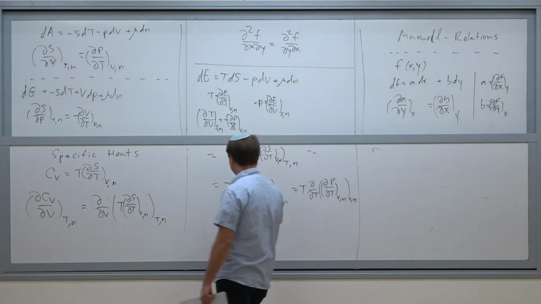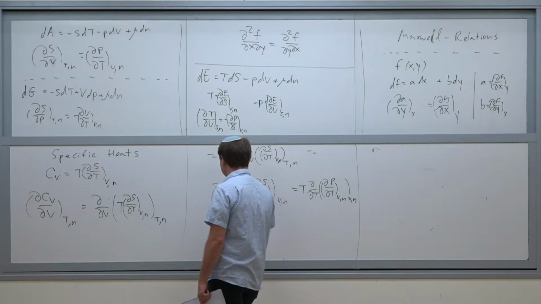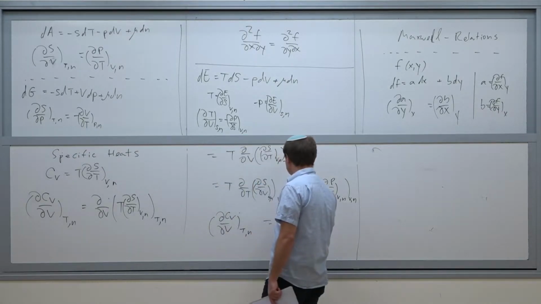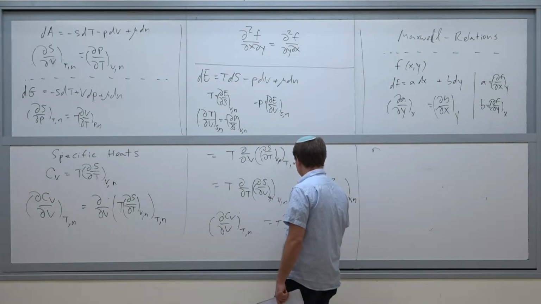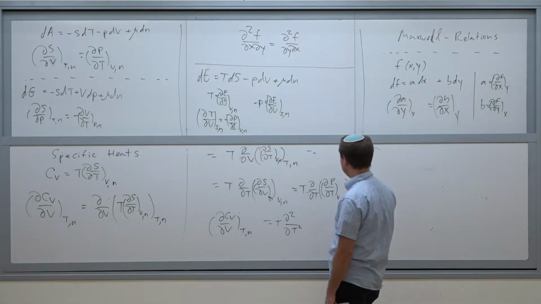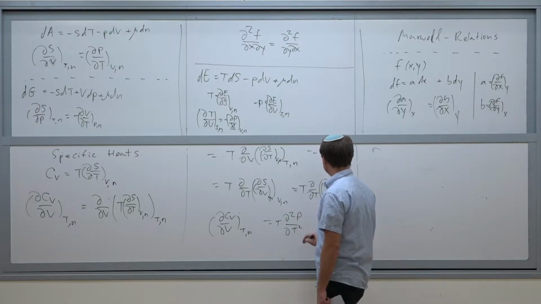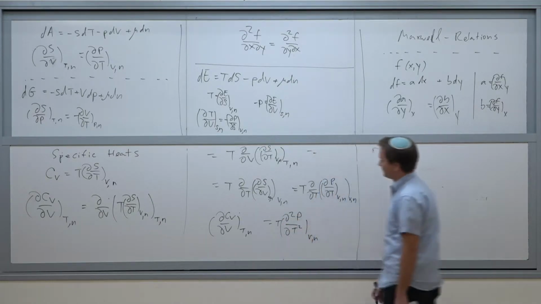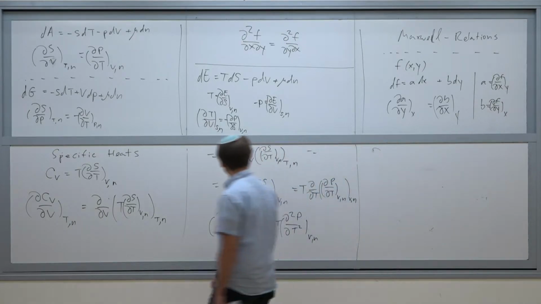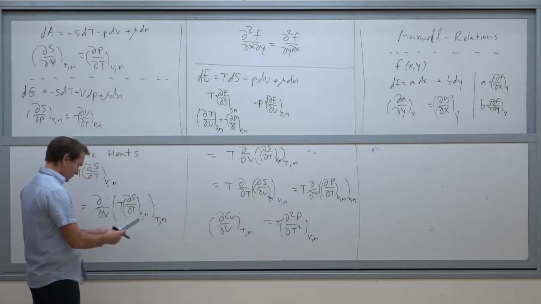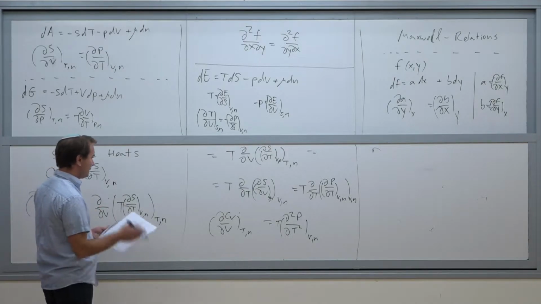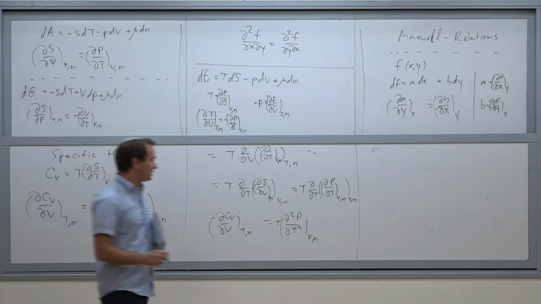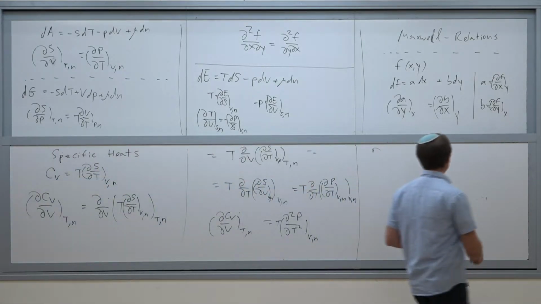So generally I obtain that dCV/dV, at T and N constant, equals T times the second derivative, with respect to the temperature, of the pressure, keeping V and N constant. Okay. We will find that this actually will become important, if not today, maybe in the next lecture. Additional example.